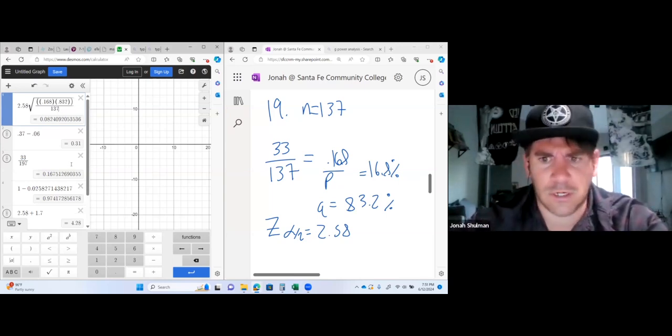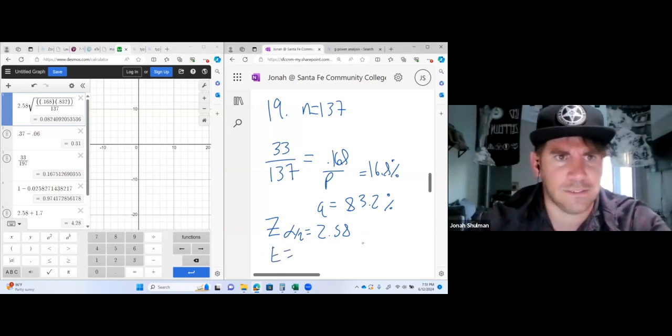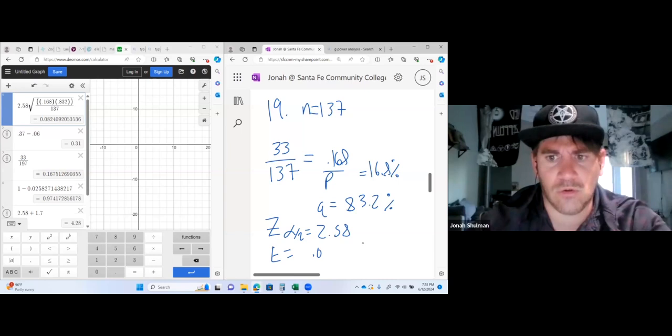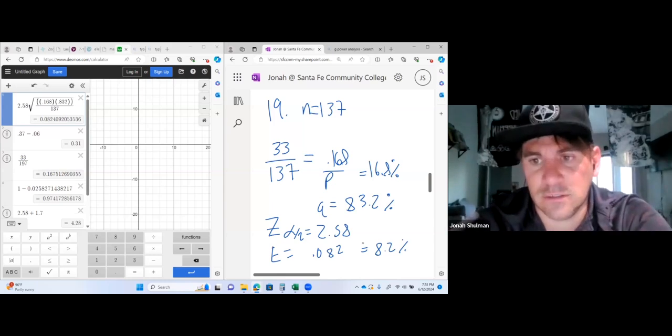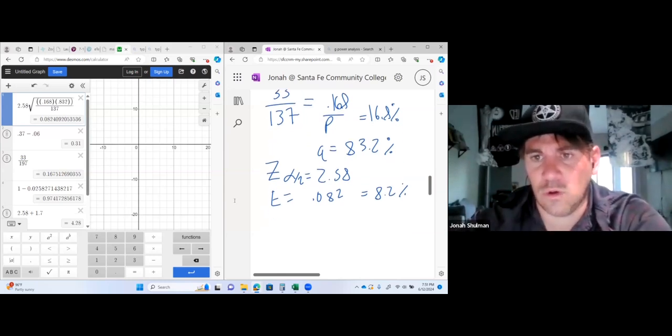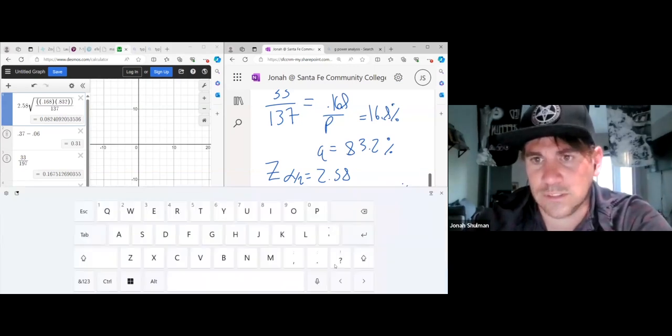So our error in this case is what? 0.082. So it's 8.2%. What does this mean for the answer? Well, we know the P that we have is 0.168.